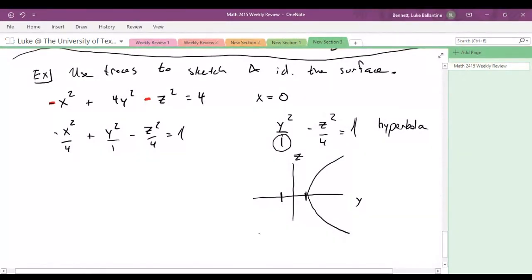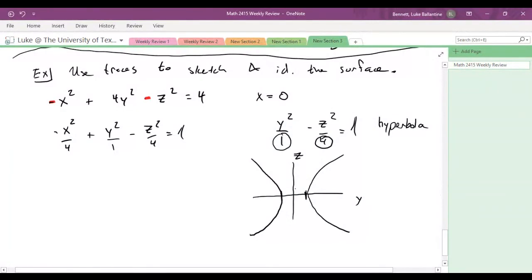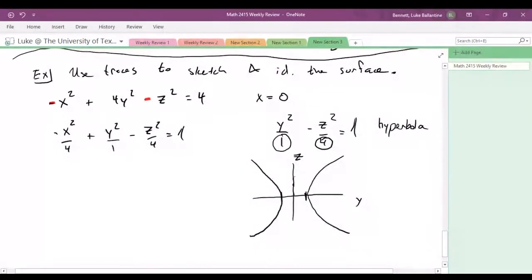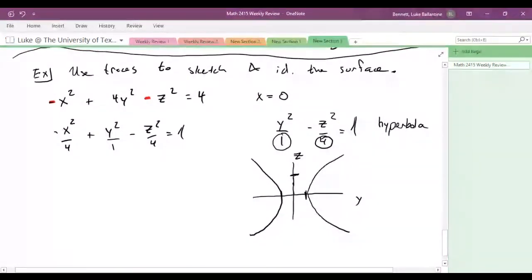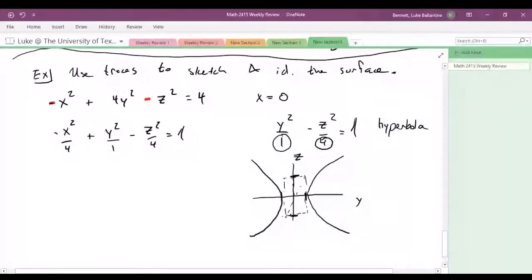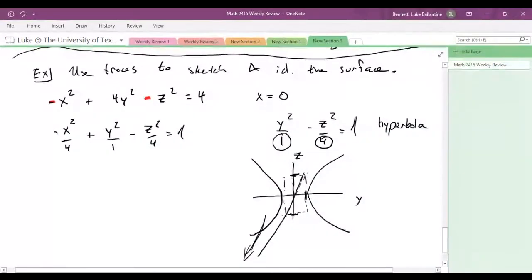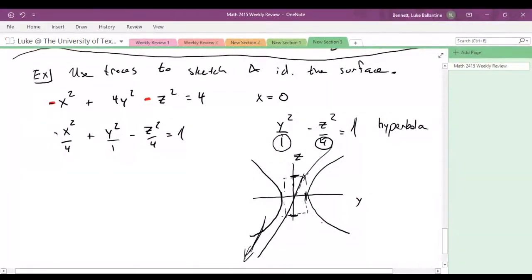And so this 4 right here has to do with some point up here, because you would draw a box, if you really want to get deep into the conic section. Then you have these lines, and it would approach these lines asymptotically.